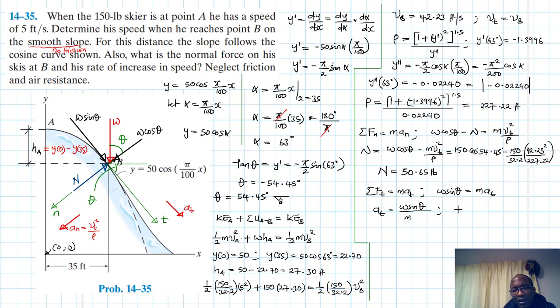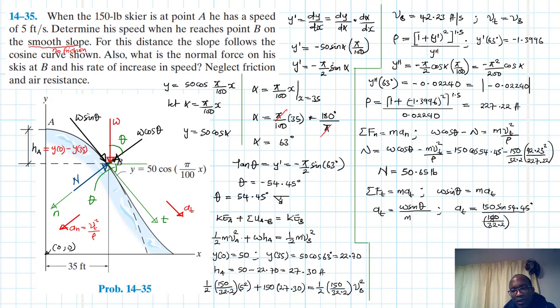So at is equal to 150 sine 54.45 degrees divided by m, which is 150 divided by 32.2.